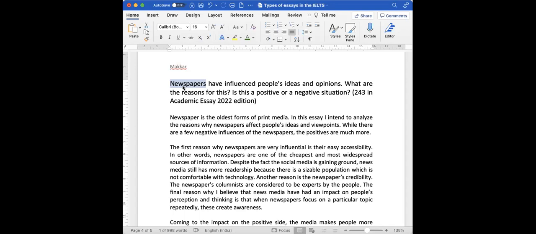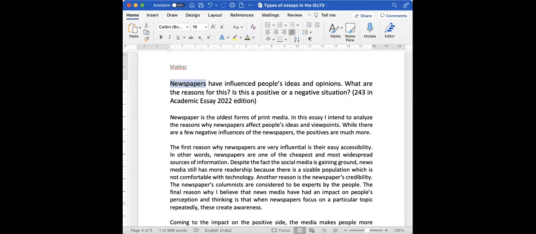Open your hand, all 5 fingers, touch the first finger. The point is entertainment: media entertains us. Second point, media informs us, tells us what is happening all over the world. So the first point is information, the second is entertainment. We should learn how to prioritize our points also.